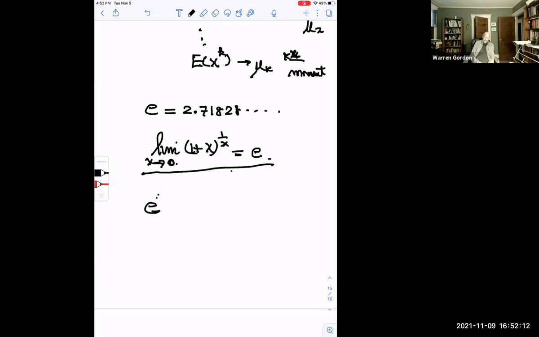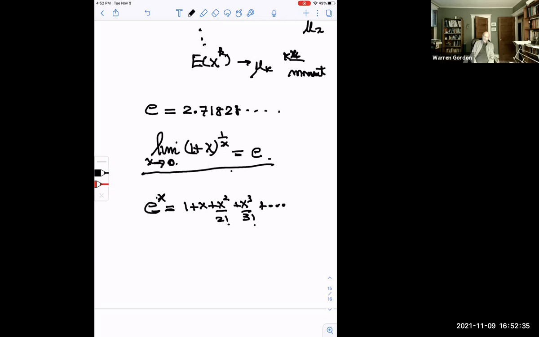e to the x can be written as, one can prove in calculus, 1 plus x plus x squared over 2 factorial plus x cubed over 3 factorial, and so on and so on forever.